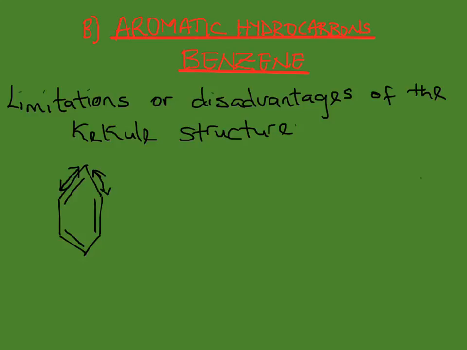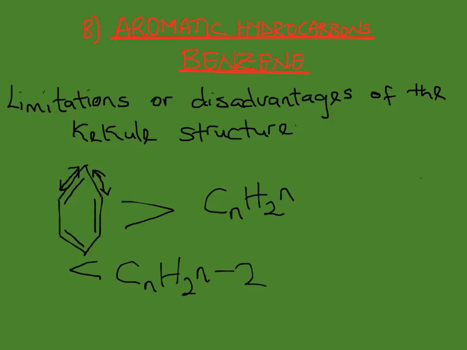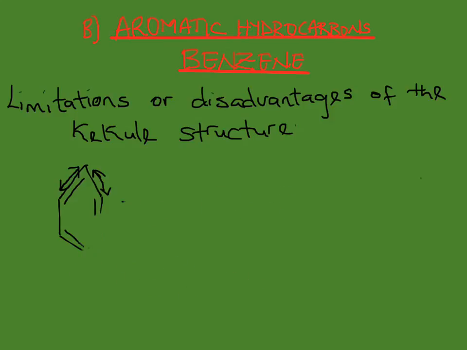What we mean here is the bond length in benzene is greater than the bond length in alkenes. This is the formula of alkenes, CnH2n, and the bond length is less than the bond length in alkynes. The formula of alkynes is CnH2n minus 2.